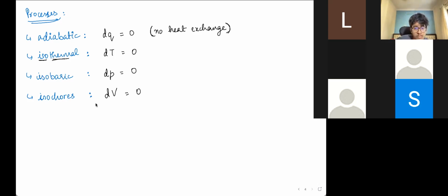Isochores are PT graphs, just like isotherms are PV graphs where you keep the temperature constant, and isobars are VT graphs where you keep the pressure constant. So in an isothermal process, temperature is constant. Isobaric, pressure is constant. Isochoric, volume is constant. Then you have a cyclic process.